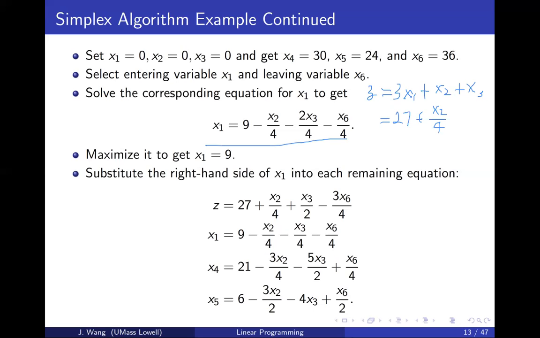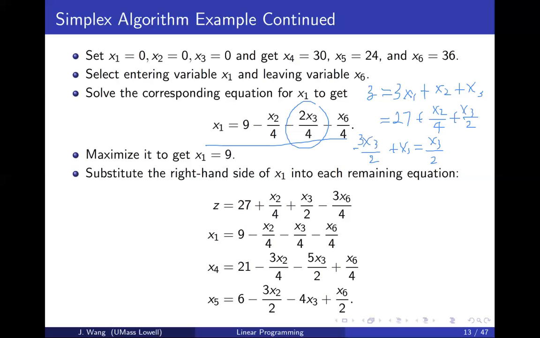And then 3 times this. Okay, so actually it is x3 over 2. So 3 times that plus x3 is equal to x3 over 2. So you got x3 over 2.